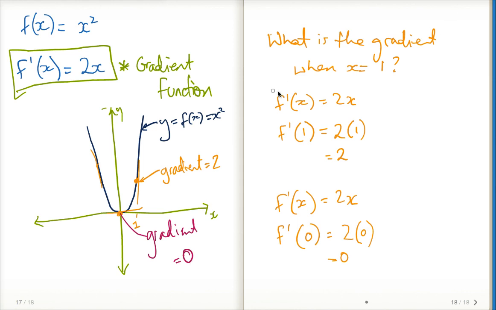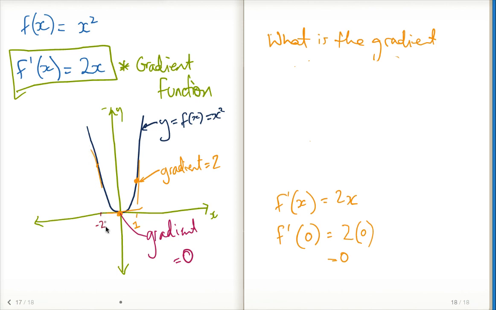Okay, let me just erase this one here. Let me just do one more for you. What about this point here? What is my gradient here? Hopefully, here I've got a 0 gradient, here I've got a positive 2 gradient. Here we should get a negative 2 gradient. Let's say this here is negative 2.